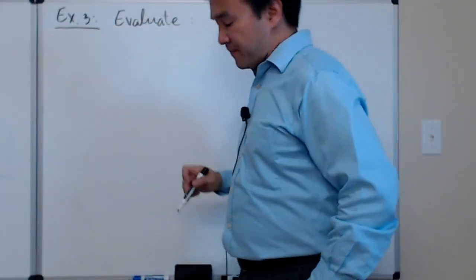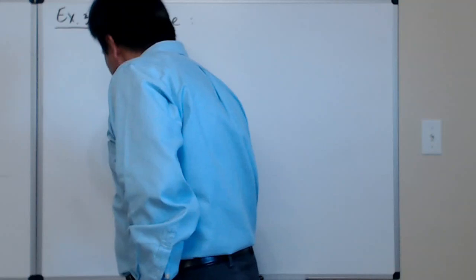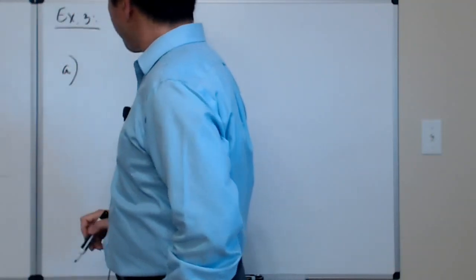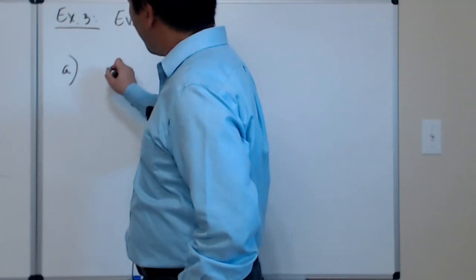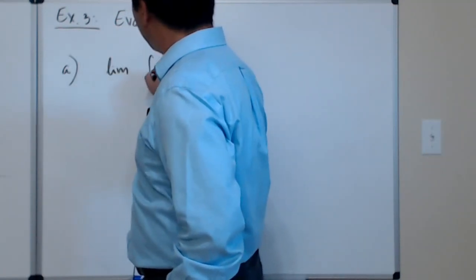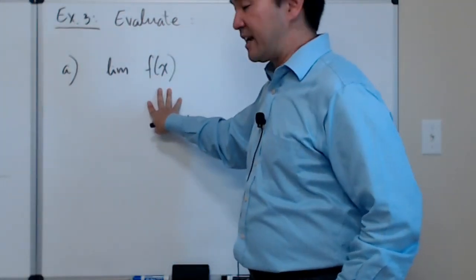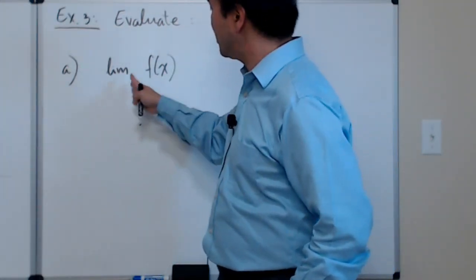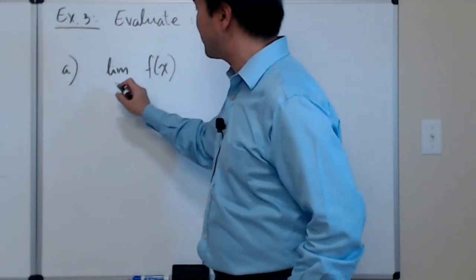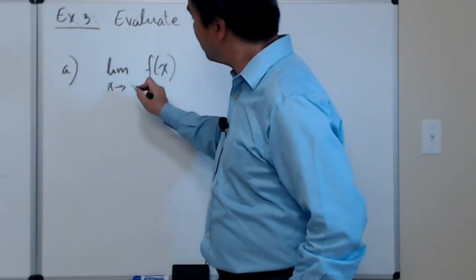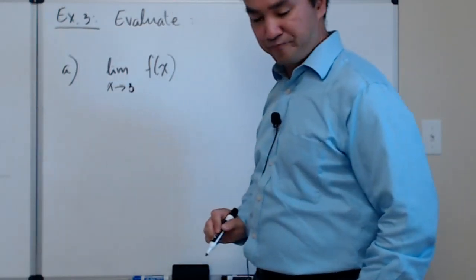Let's say I'm going to call that part A. I want to evaluate the limit of a function f of x. I didn't define the function yet. I'm just saying we want to evaluate the limit of this function by letting x get close to positive 3.